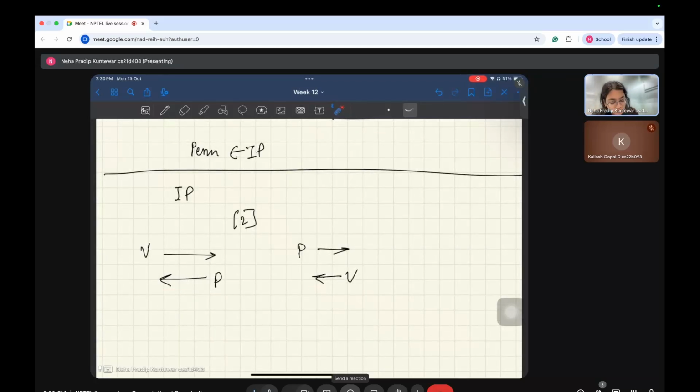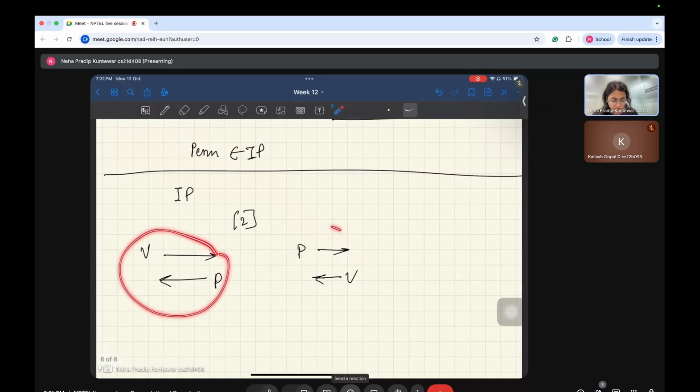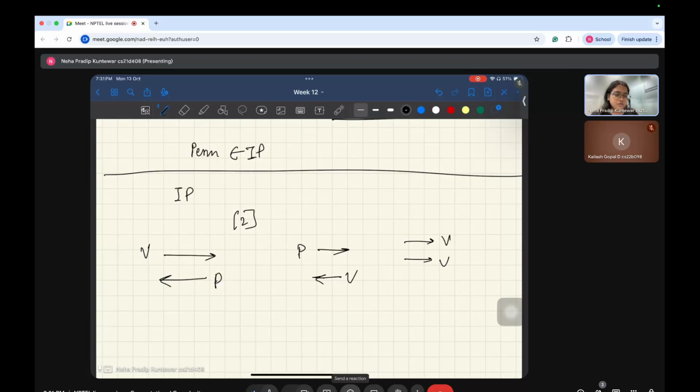So the question is, are these two as powerful? Notice that I'm not considering the cases where both communications were done by the verifier or both communications were done by the prover, because I can just concatenate these 2 queries, Q1 and Q2, and consider it as a single query by the verifier.